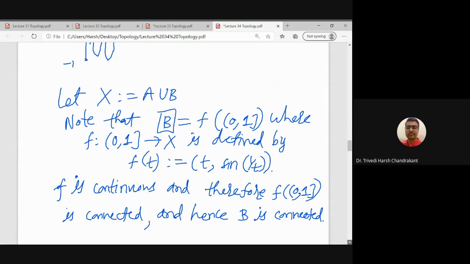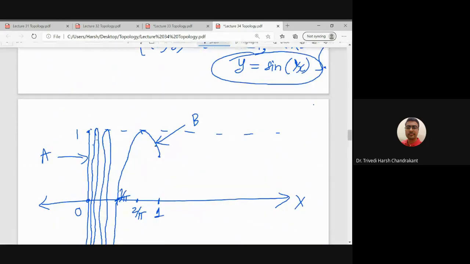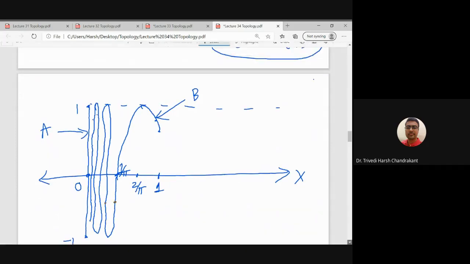So B is connected, and what is the relation between B and A is that if I take this graph and if I consider all limit points, then all these points will essentially converge to this particular point on the y-axis, and that is an element of A, right?